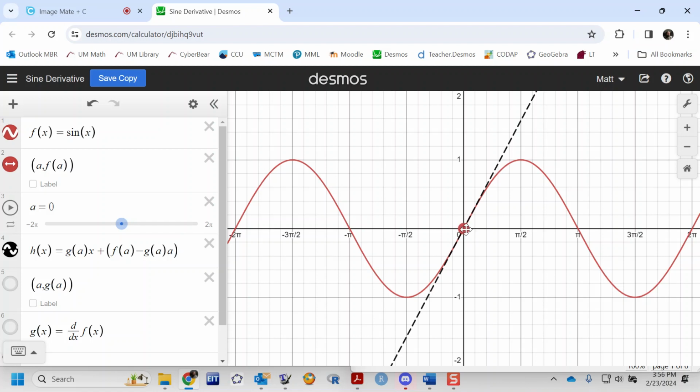The derivative of the sine function is going to be positive, so it'll be somewhere up in here, and it will actually be positive and then decrease to 0 right in here.